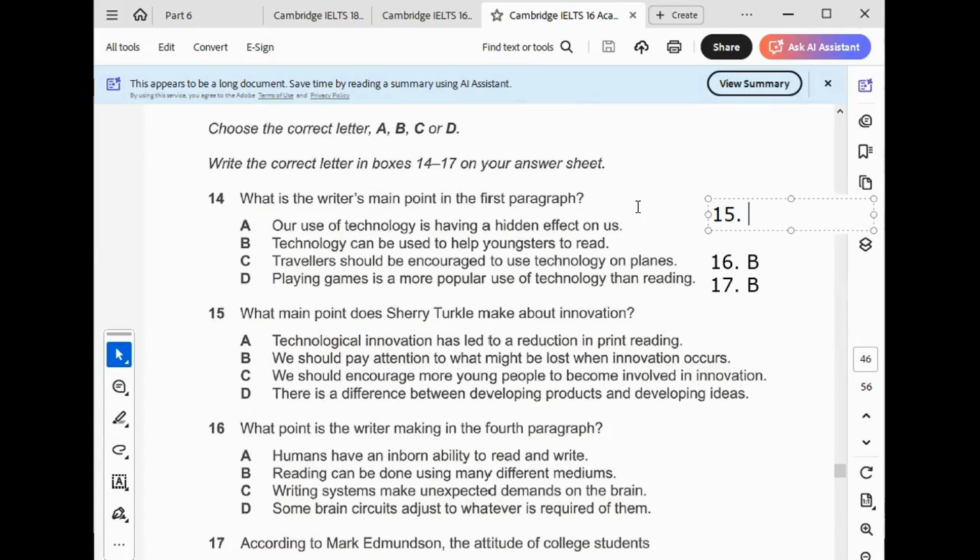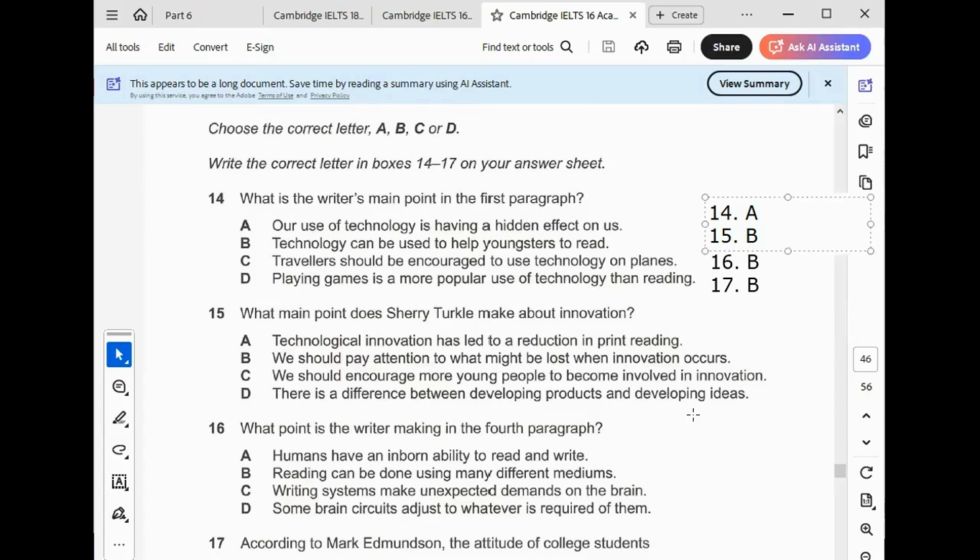I think we picked B for number 15, right? How come B is showing up a lot? This is serious. Number 14, what did we pick for number 14? A. We picked A for number 14. I remember that one. Why is B showing up 3 times? So, these are my answers.